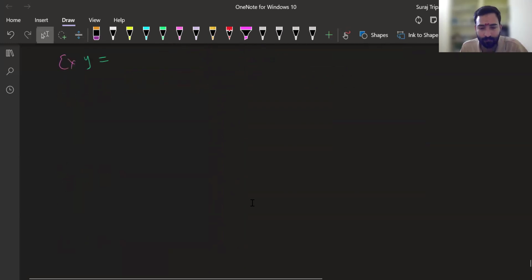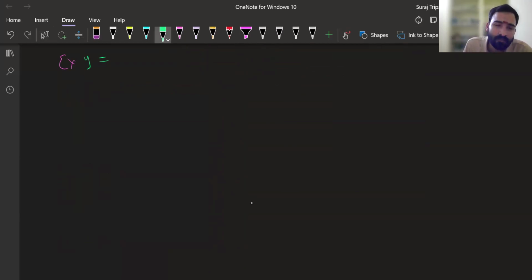Now next one. Suppose we have to draw the graph of sine inverse x plus x minus 2. Draw the graph of this function.